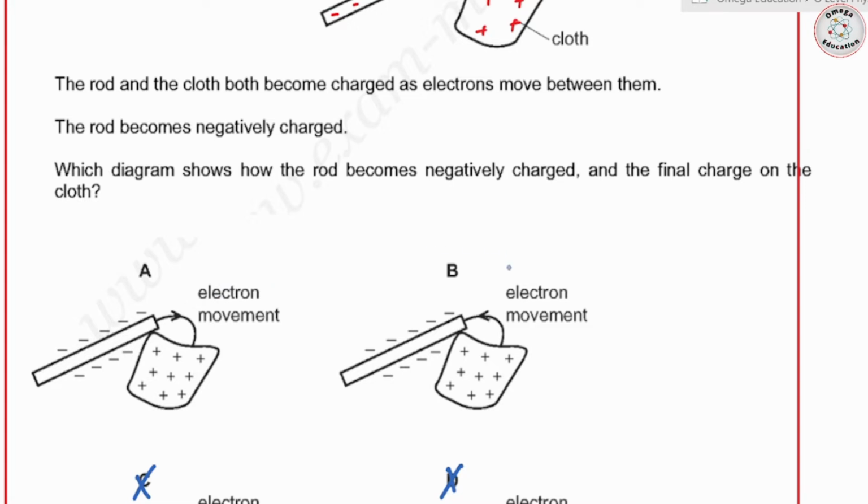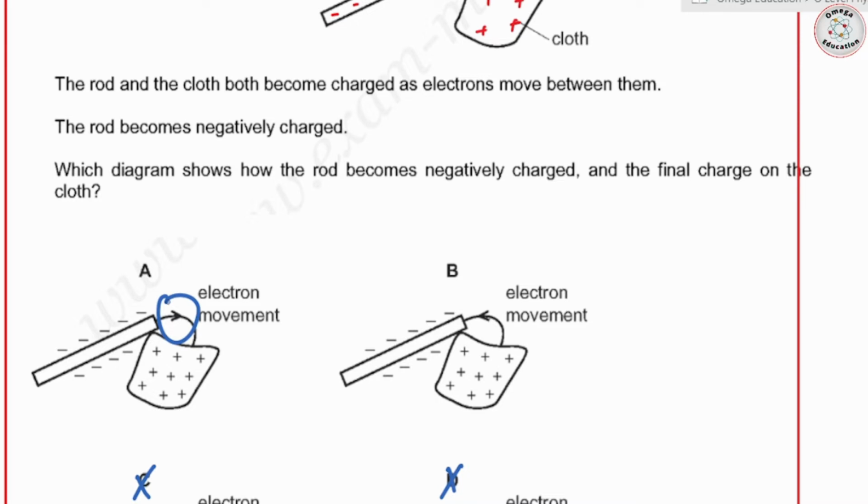If the piece of cloth is positively charged, it's positive only because the electrons from that piece of cloth move towards the rod. Option A says exactly the opposite: electrons from the rod move towards the cloth.